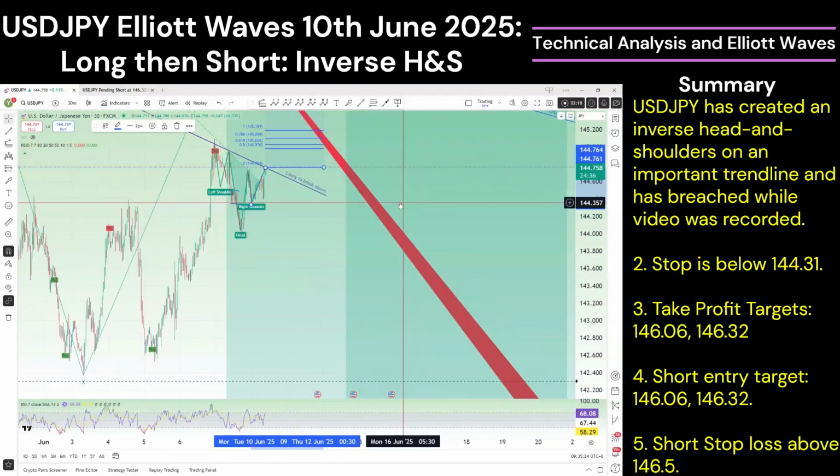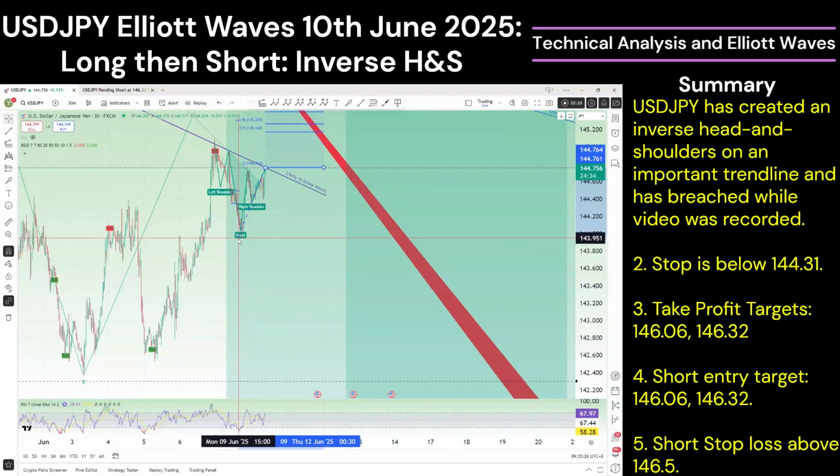And what if we do this head? We do the head, and this measurement rule is slightly different when you use the head, because of this inverse head and shoulders being a slanting one. If you use the breakout, it will be kind of like a shortened target. So you kind of have to shift it here, because we want to measure the entire head to the neck.